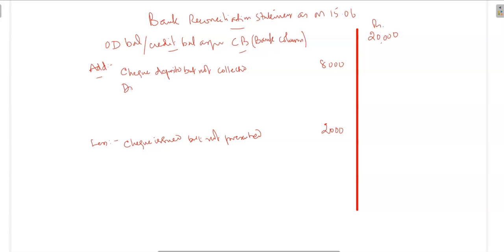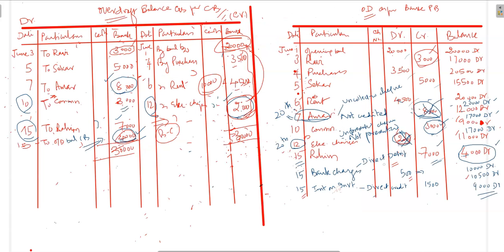So direct debit towards bank charges. And in case of direct credit towards interest on investment, this will reduce your OD.